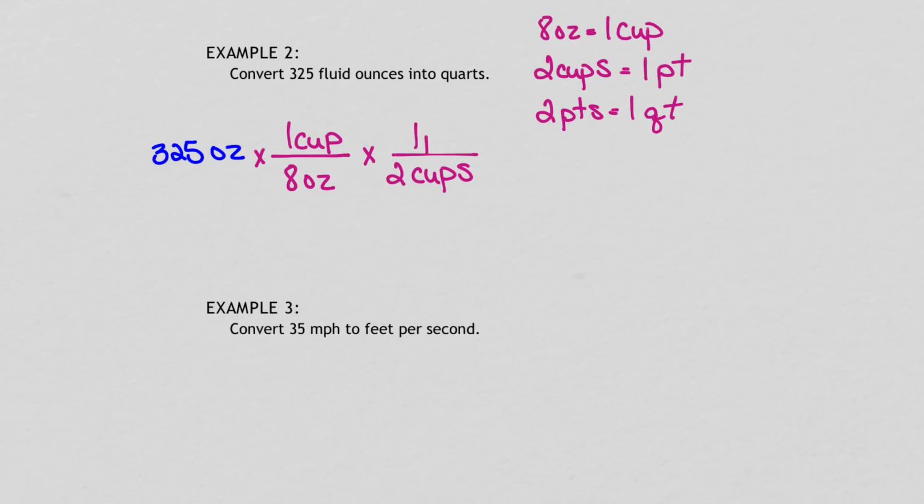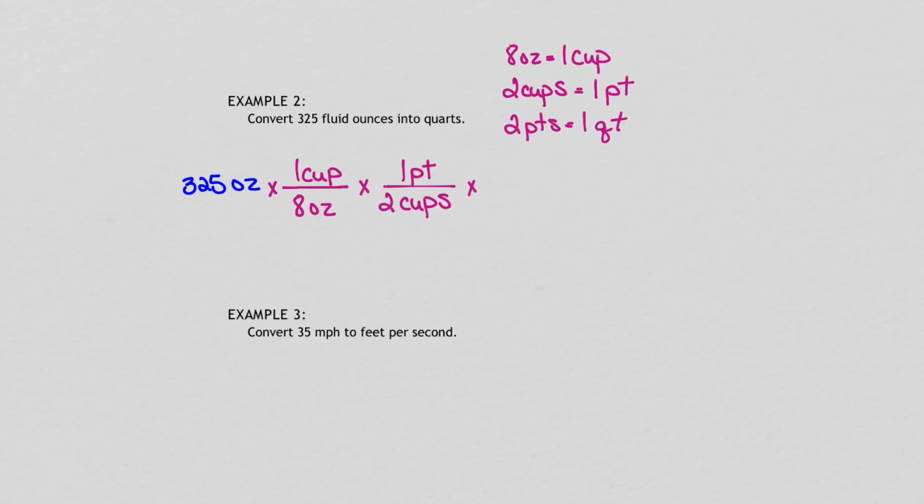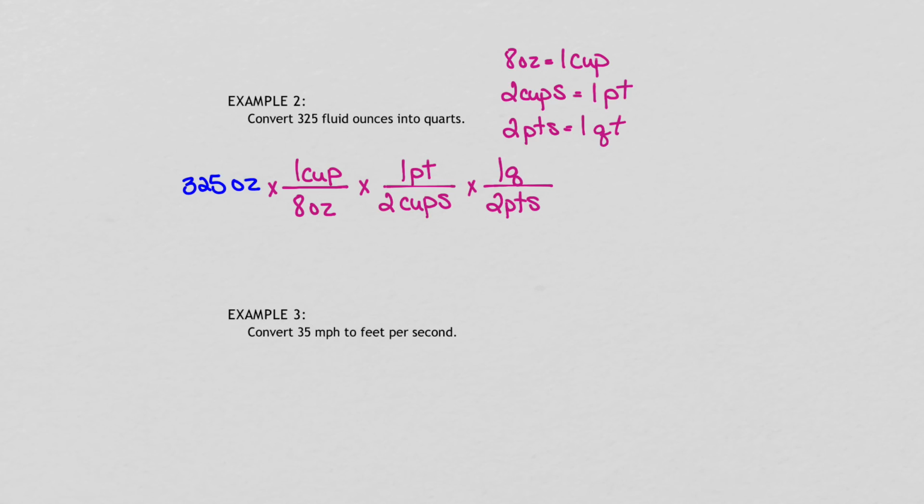And 1 pint will go on top. And then last, 2 pints is equal to 1 quart. And pints needs to be on the bottom, so 2 pints on the bottom, 1 quart on the top. And so now you can see that ounces cancel, and then cups cancel, and then pints cancel, and we're left with quarts.